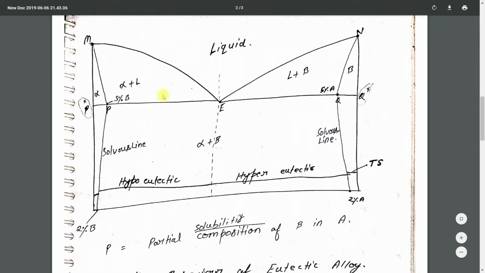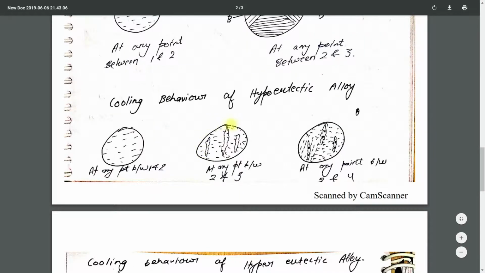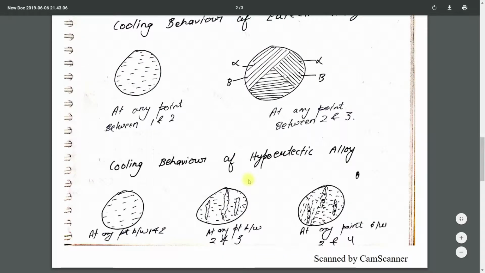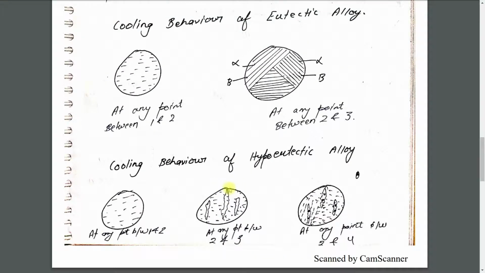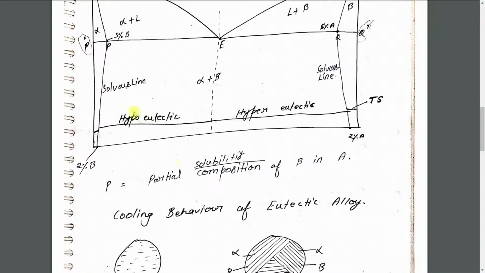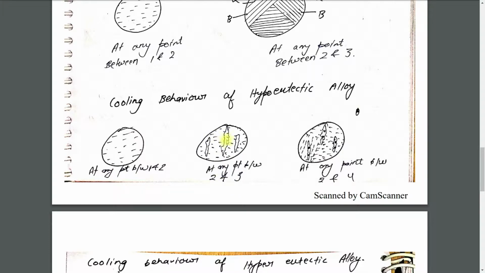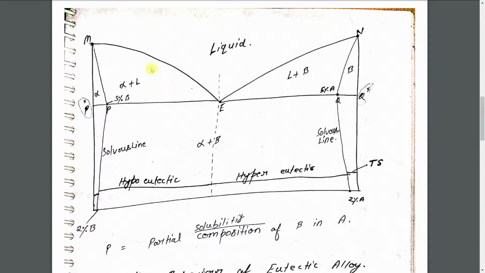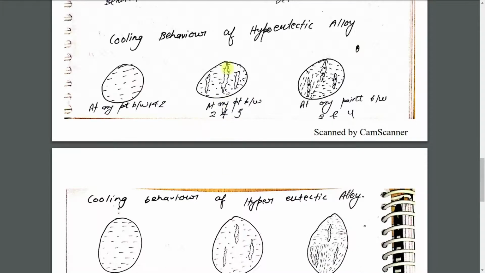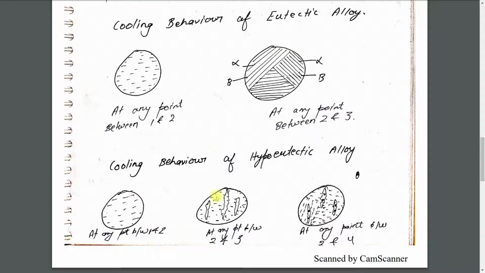Dendrites have a most important property: dendrites are not of pure material, these are of something like 5% or 2%, found of alpha. In this region, hypo, alpha, and some of the other substance beta is merged in the liquid.